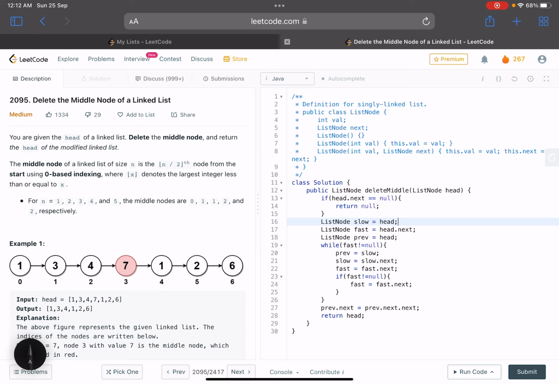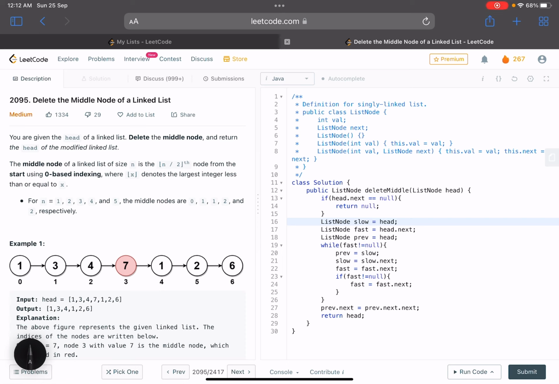I need some reference to do that. So 4 needs to point to 1, right? So I've taken a previous pointer, because before slow moves, previous points to slow.